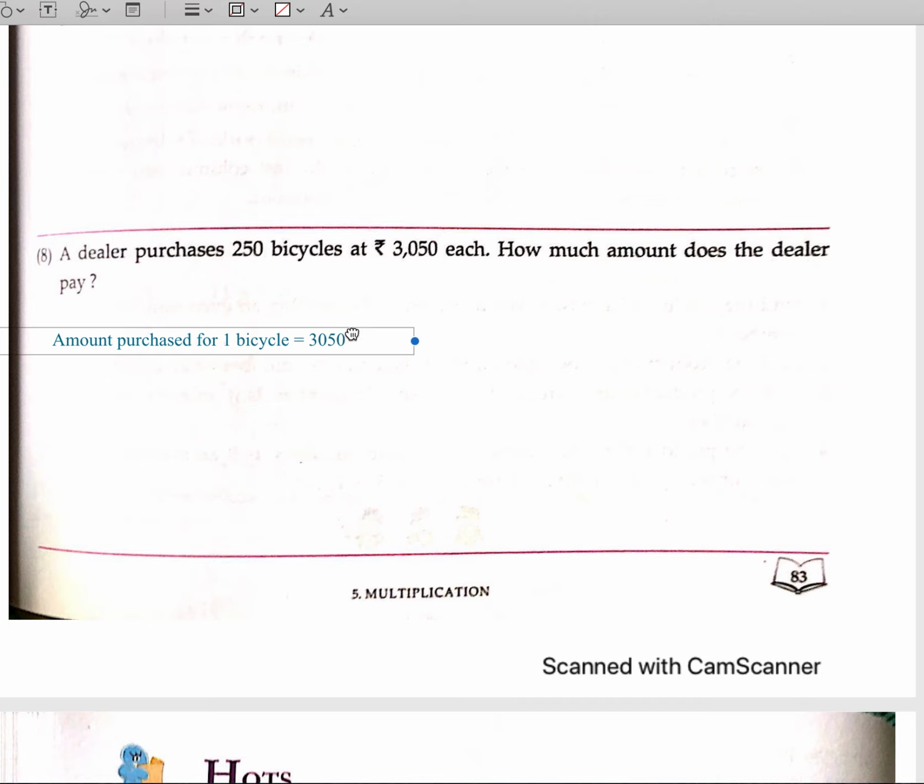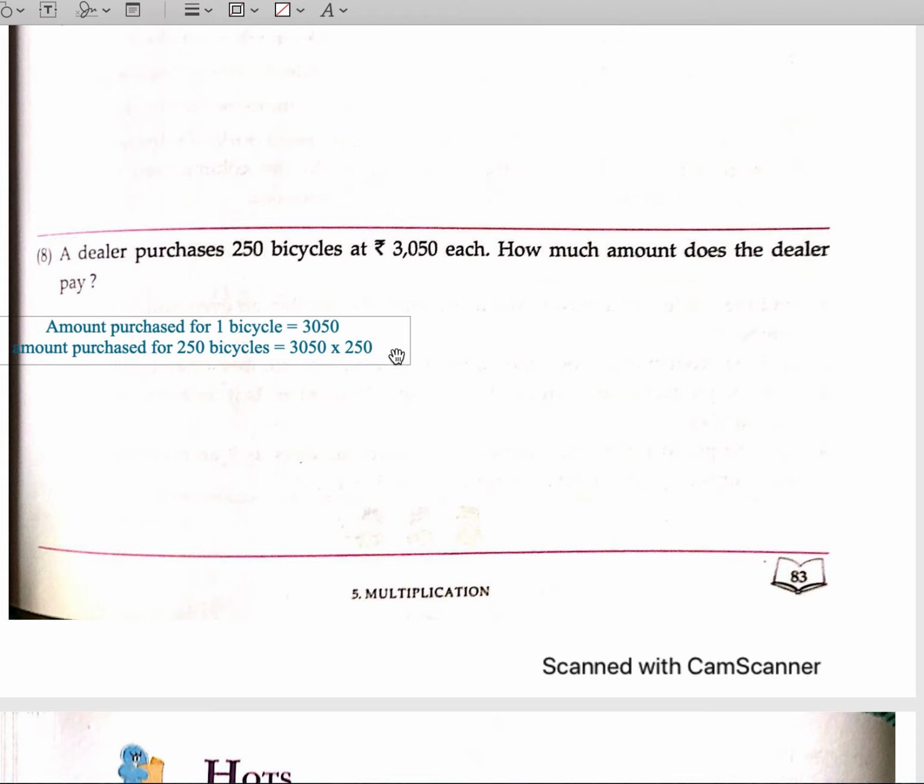Next we will do amount paid for 250 bicycles will be equal to 3050 into 250.